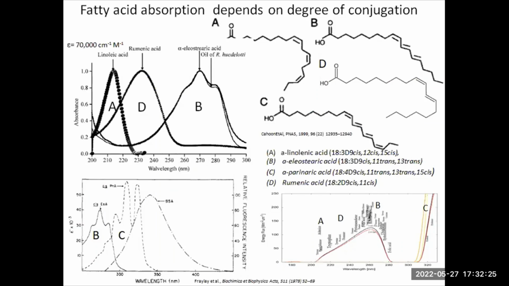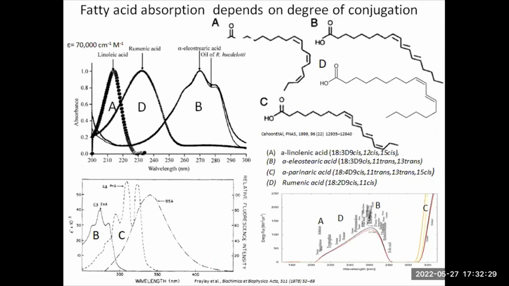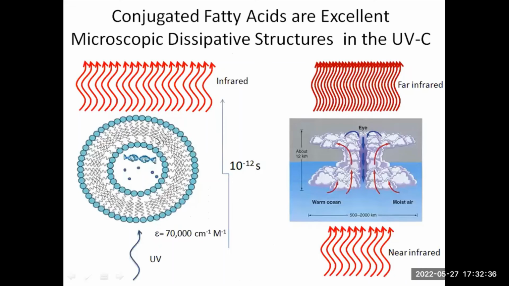How much light do these fatty acids absorb in comparison with DNA? Oh, yes. This one here is the molar extinction coefficient for these fatty acids. So they are quite large.